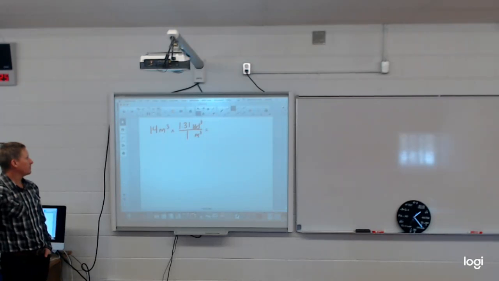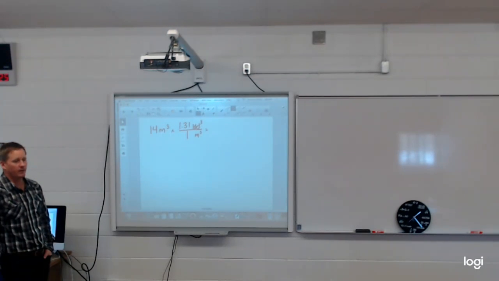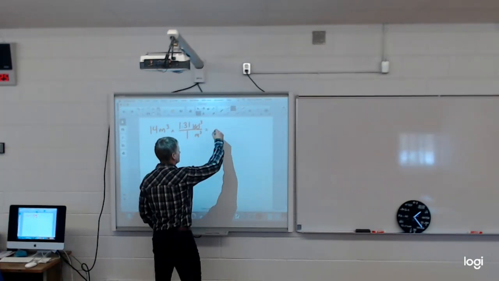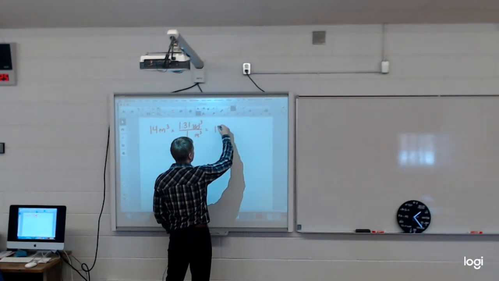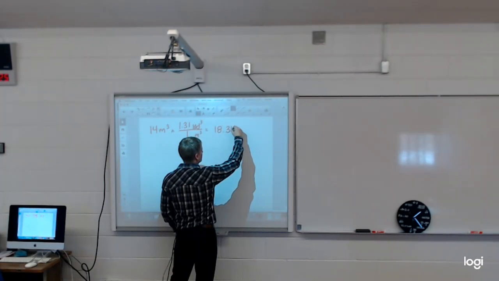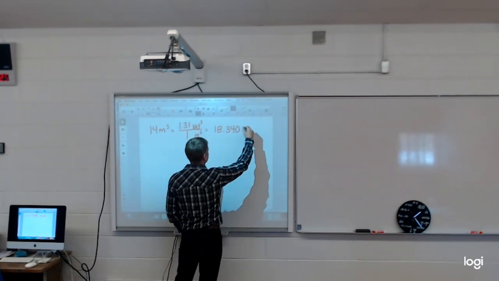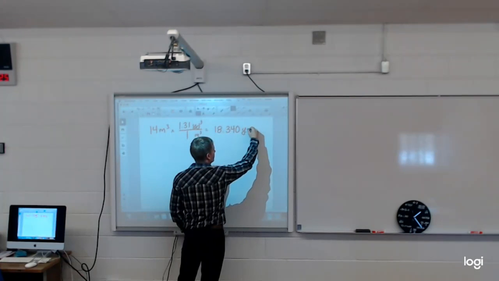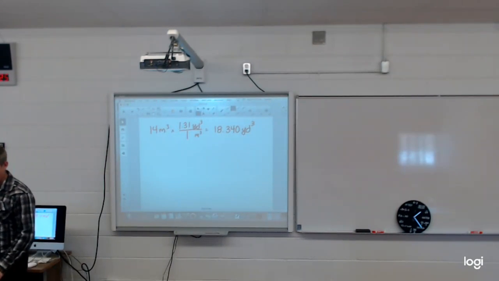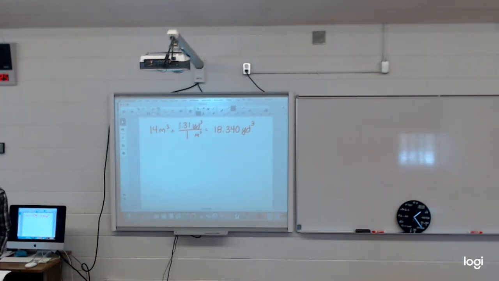So multiply 14 by 1.31, and what do we get? 18.34. 3 decimal places always. That makes sense. Yards cubed. So that's that conversion from metric to imperial.